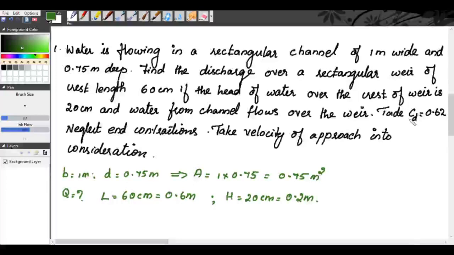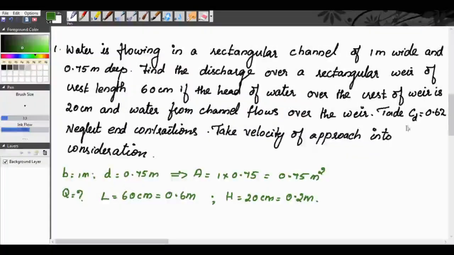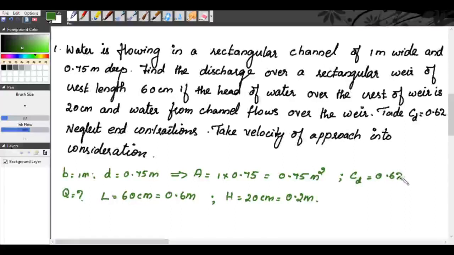Also, the coefficient of discharge CD is given as 0.62. Neglect end contractions. Take velocity of approach into consideration. So we have to consider velocity of approach.